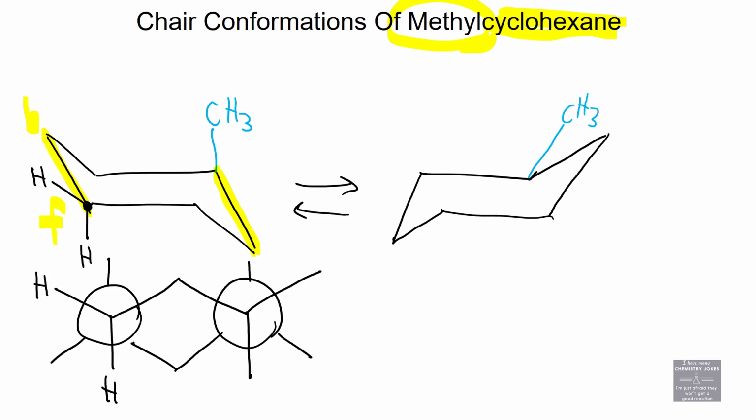I didn't quite save myself enough space here, but this methyl should be on the back carbon of my Newman, on the right carbon of my Newman, pointed straight up in the air. So that is my methyl in my Newman, and everything else is hydrogen.